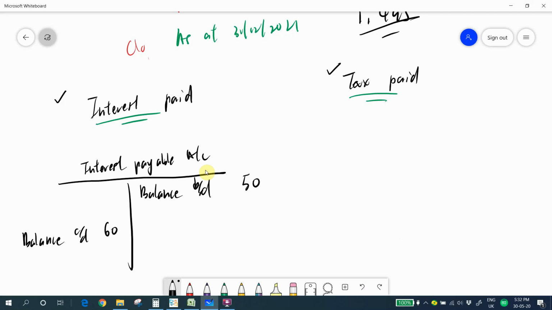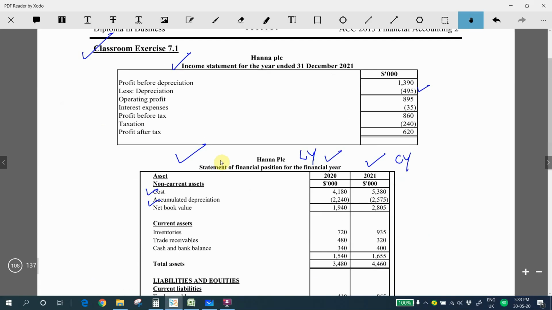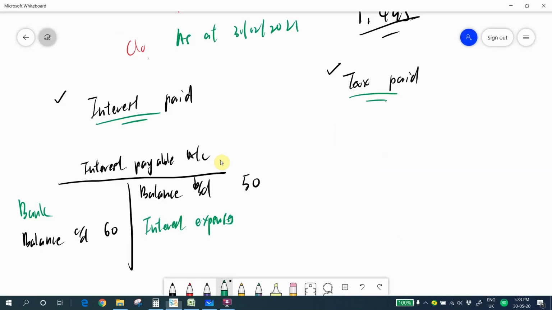So in the interest payable account, what are the additional information that we will indicate? We will indicate the bank payment, what is the actual interest paid, and what is the interest expenses during the year, because your interest expenses are not necessarily equal to your interest payment. Interest expenses, we can get this information in our income statement, which is 35.